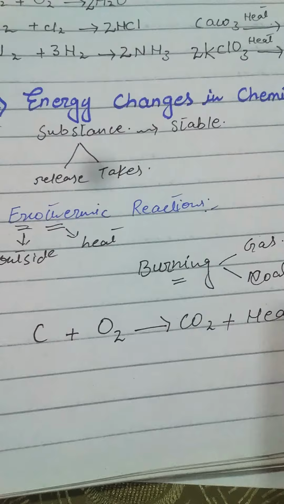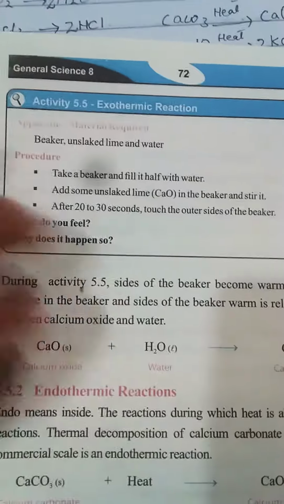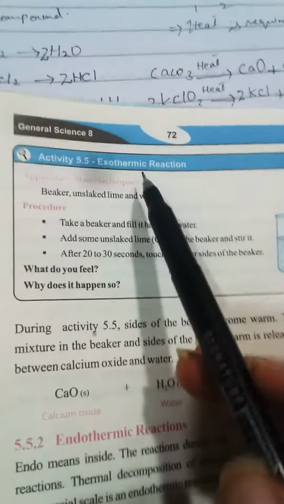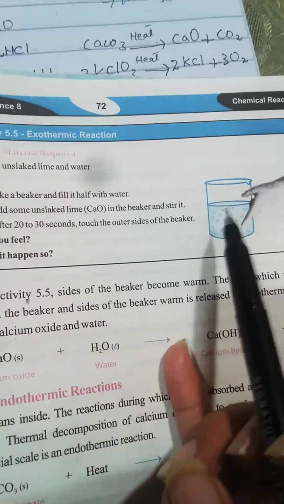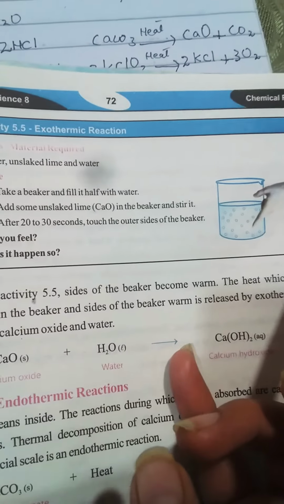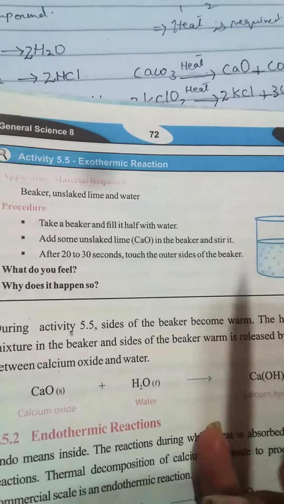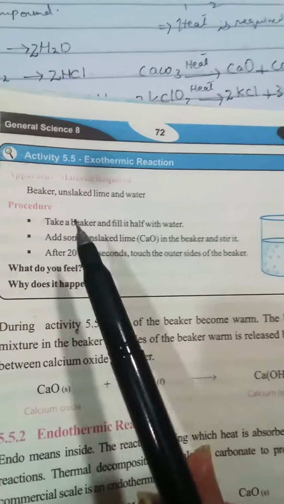Next, I am explaining it to you with the help of an activity. Look at this activity in your book. We need some apparatus: a beaker, some water and unslaked lime. Unslaked lime will produce heat when the reaction proceeds.